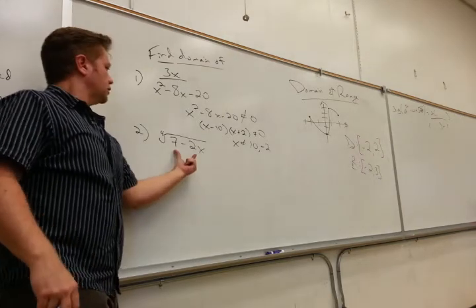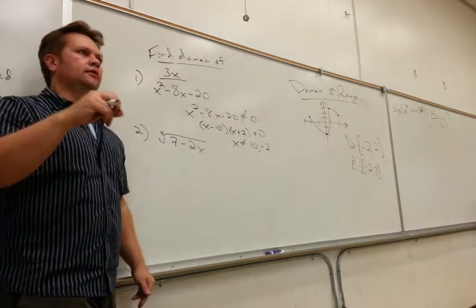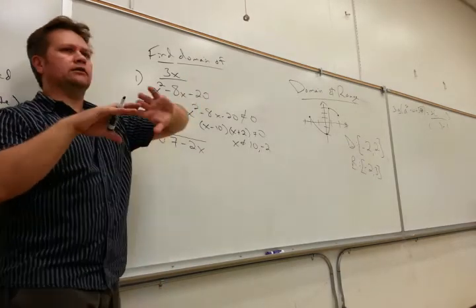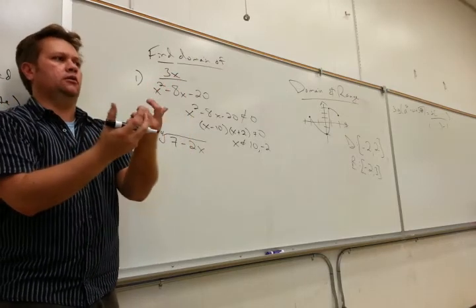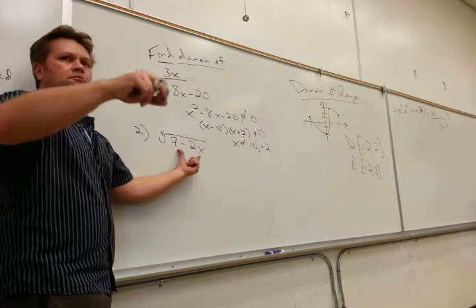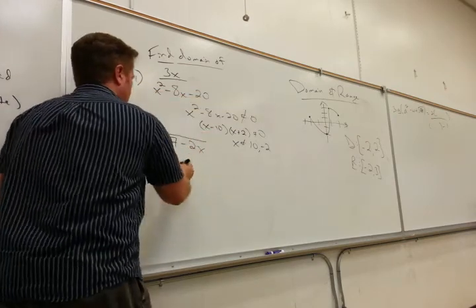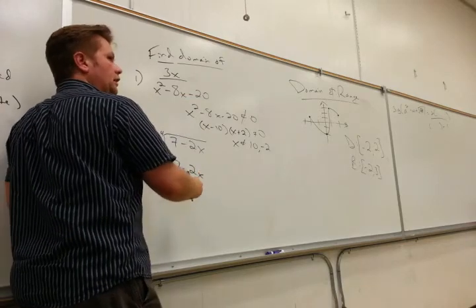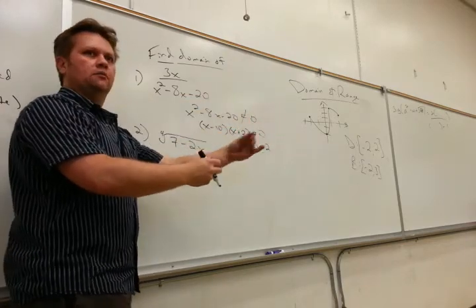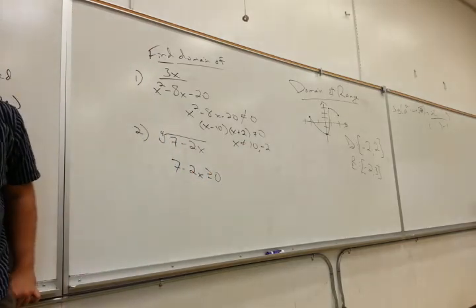What about this guy? What's the restriction in English on a fourth root? What cannot happen? And whenever I say domain, it's implied we're talking about real numbers. Beautiful. The inside can't be negative. So a mathematical way to say that is the inside has to be 0 or positive, so it must be bigger than or equal to 0.